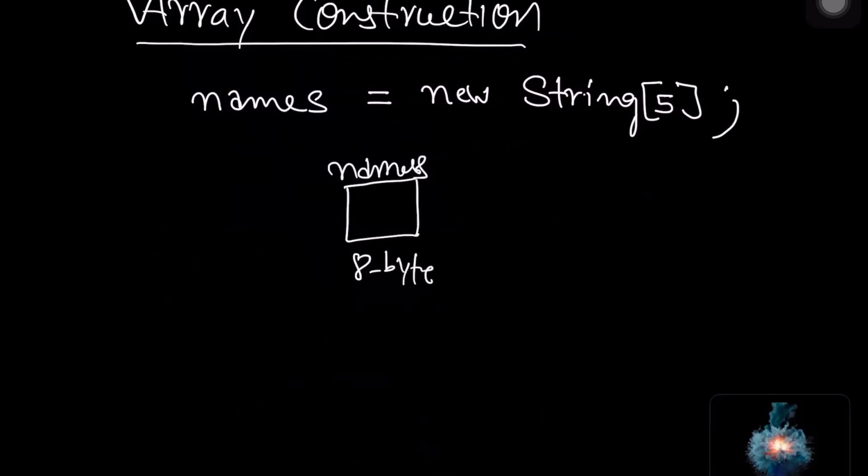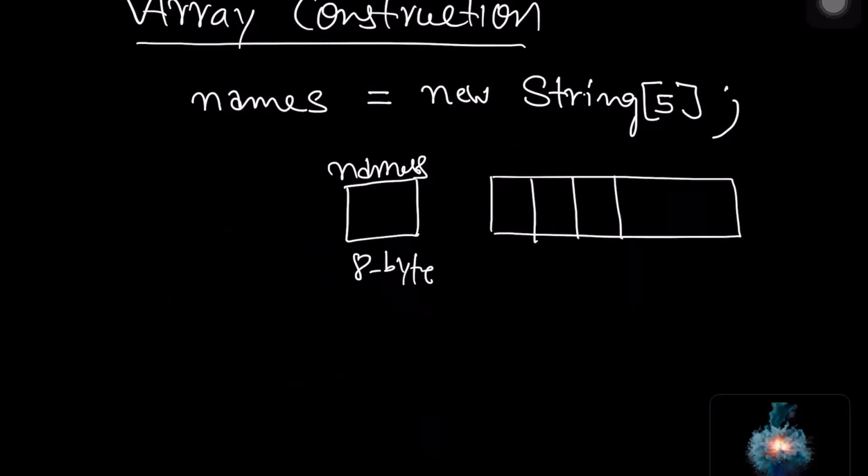Now names has 5 indexes. We will create 1, 2, 3, 4, 5, so 0, 1, 2, 3, 4. Always start indexing with 0. So this address, here we are keeping the address of this one.